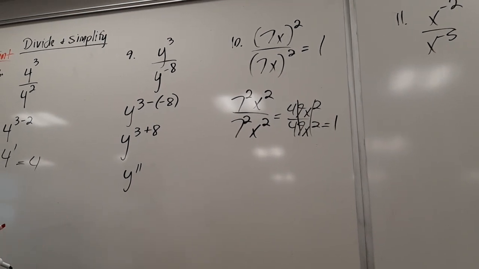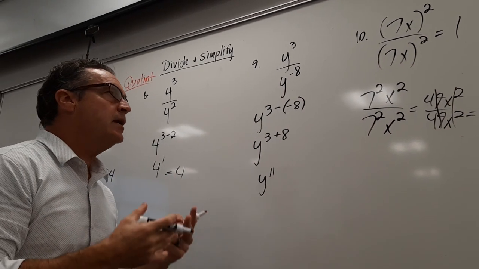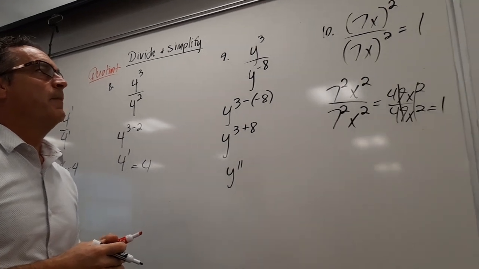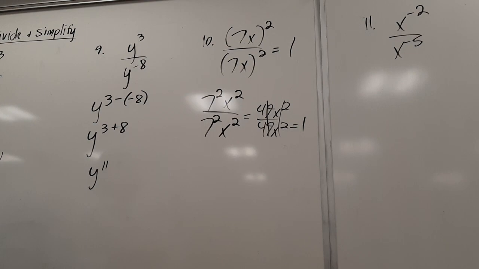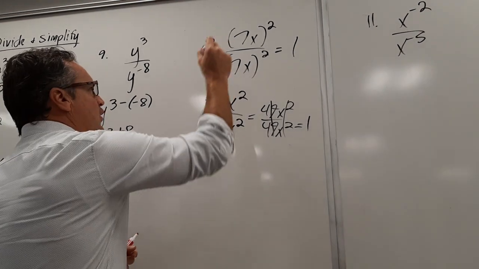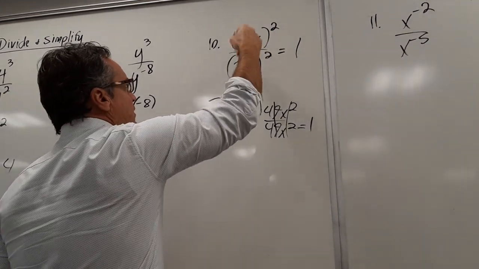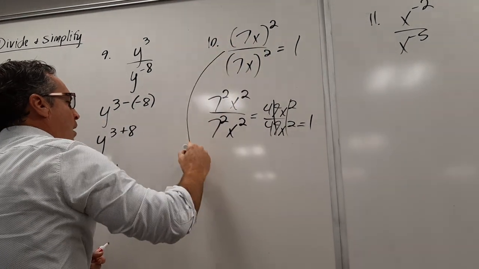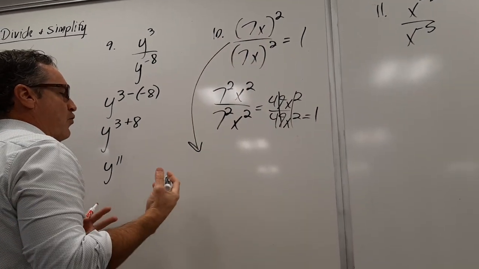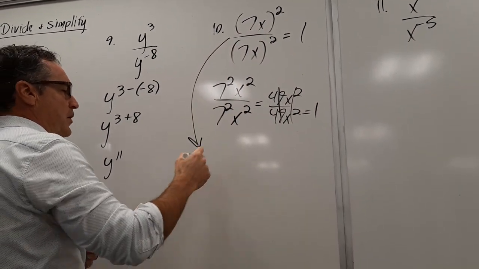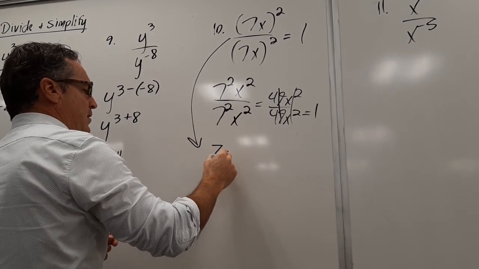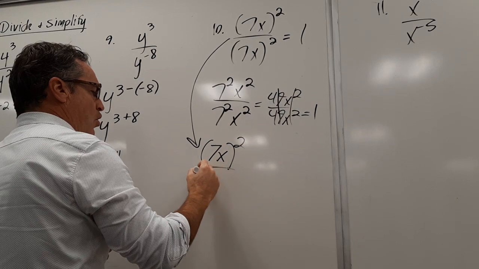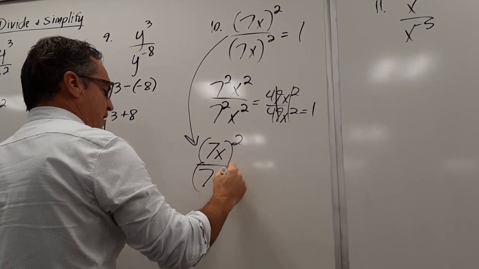Another thing, though, if you were to take this in the true sense of the quotient rule, we can immediately say anything divided by itself equals 1. But this leads back to our proof of the zero rule. 7x to the second over 7x to the second.